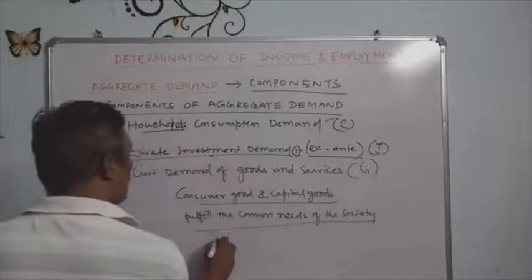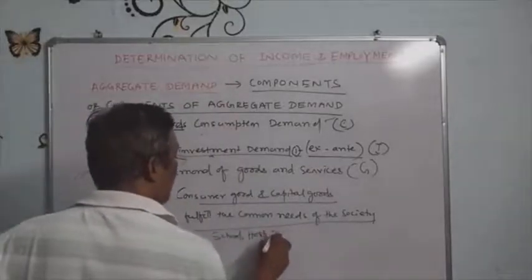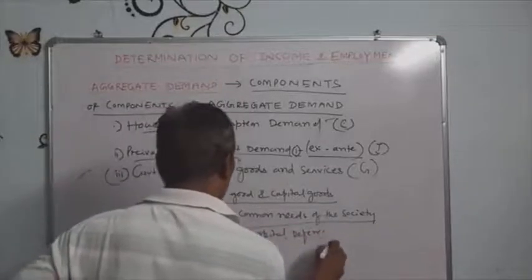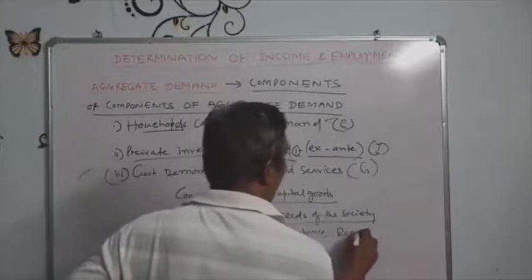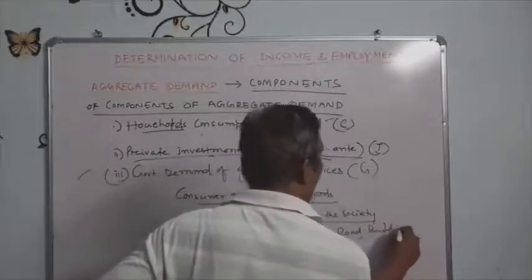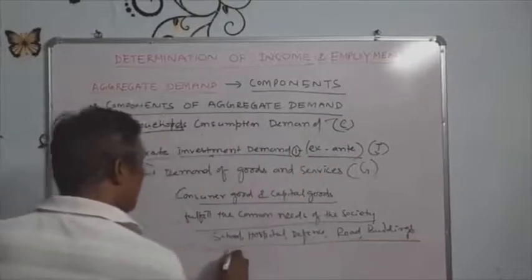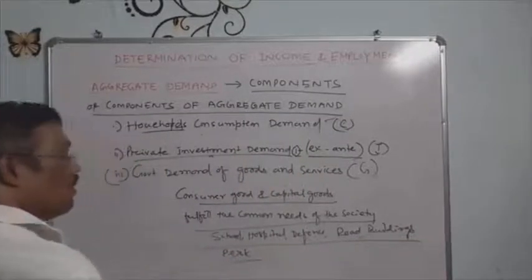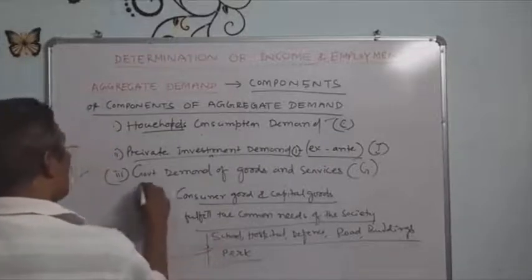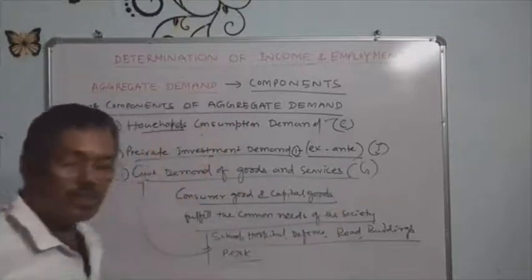These are schools, hospitals, defense equipment, roads, buildings, parks. These expenditures done by the government are known as the government demand of goods and services.